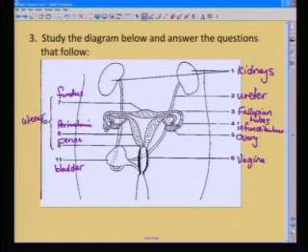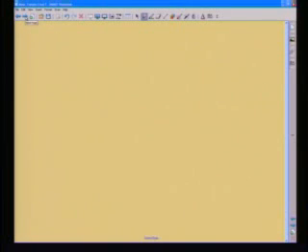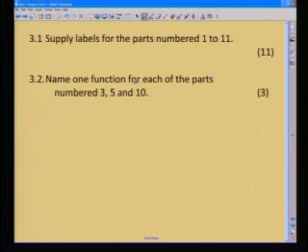All right, there are our labels. Now we've got our labels done, so we move on to our next question. It says, supply the labels for parts 1 to 11. We've done that. And then it says here, oh, what am I doing? Name one function for each of the parts 3, 5, and 10.